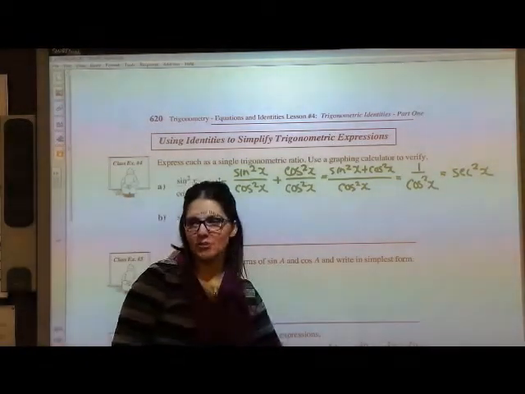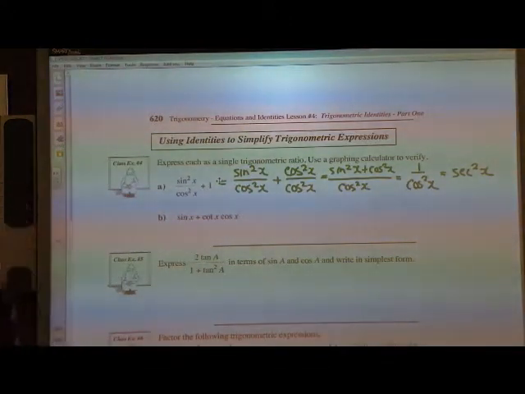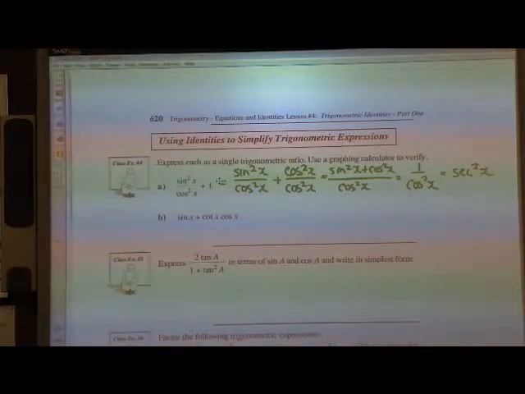Let's look at B and try to do the same. What should I do for B? Cotan is 1 over tan, and what else is it?